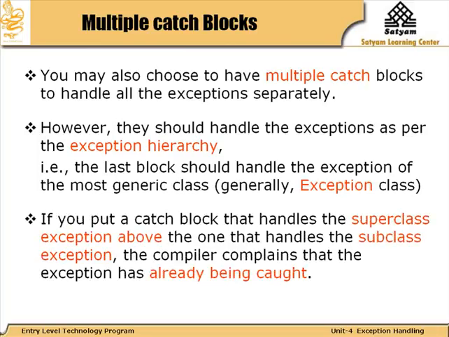If you put a catch block that handles the superclass exception above the one that handles the subclass exception, the compiler complains that the exception has already been caught. We'll soon see an example of how to use multiple catch blocks.